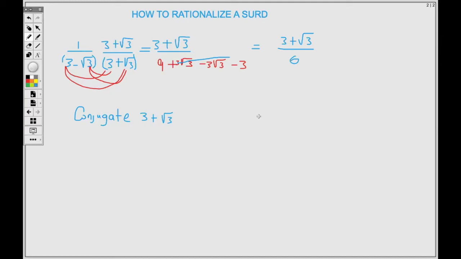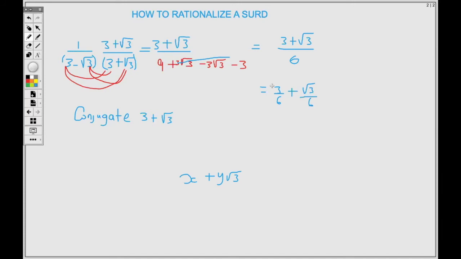Generally, questions like this will ask you to write it in a form, say, x plus y root 3. So all we need to do is simplify this, where we can rewrite it in a different form, which is 3 over 6 plus root 3 over 6.